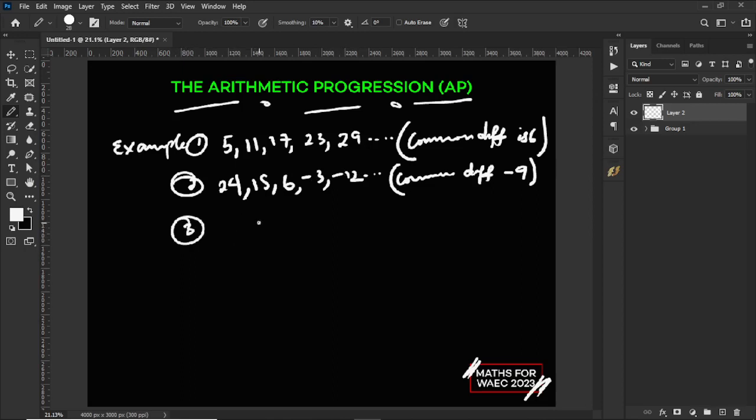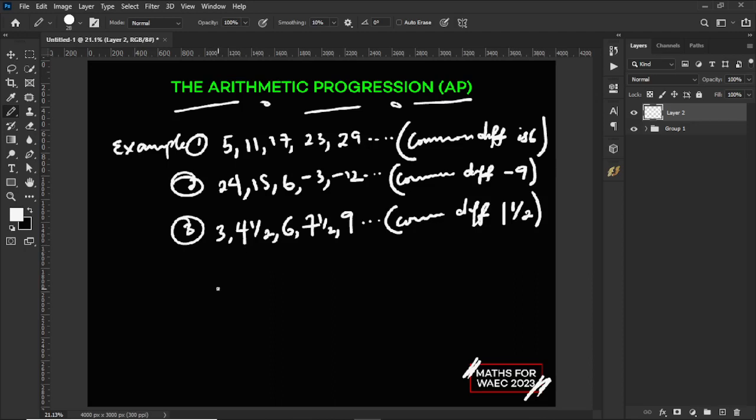Now the example: if I have 3, 4 and a half, 6, 7 and a half, 9, and so on like that, the common difference here is going to be 3/2, because this one is 3 and this one is 9/2.